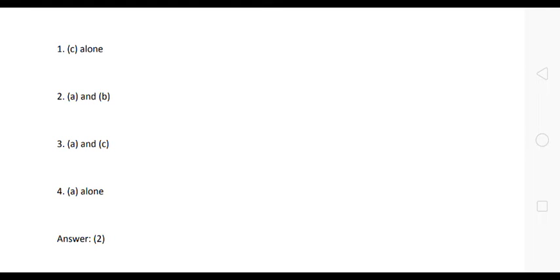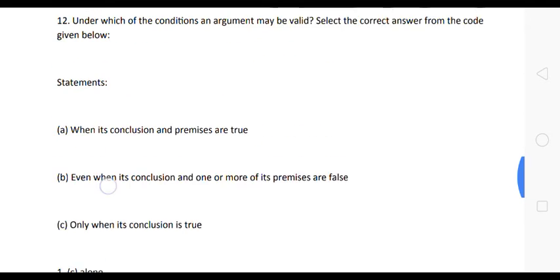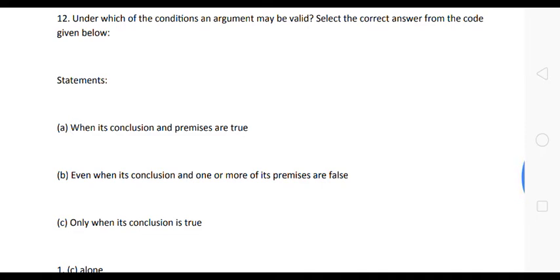Options are 1, C alone, 2, A and B, 3, A, C, 4, A alone. But the correct answer is option 2, A and B. Under the conditions of when its conclusion and premises are true, and even when its conclusion and one or more of its premises are false, an argument may be valid.